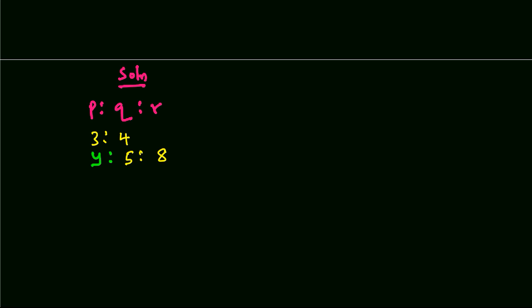And using equivalent ratios, we have 3 over 4 equals Y over 5. So this implies that Y equals 3 times 5 over 4, and this is 15 over 4.